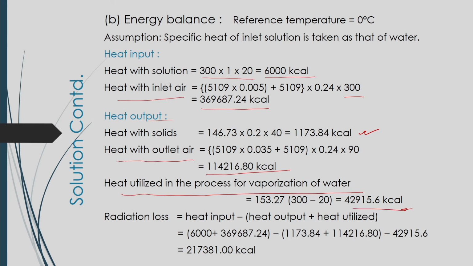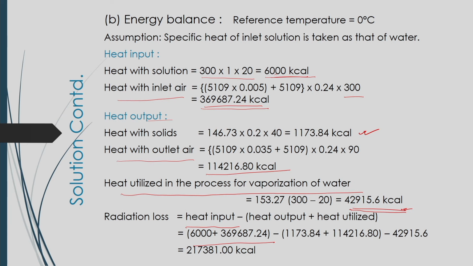So, what will be the loss of heat energy? You know the total heat input we have calculated: 6000 plus the heat with inlet air and the heat with solution. Whereas the heat utilized in the vaporization of water is 42915.6 kilocalorie.